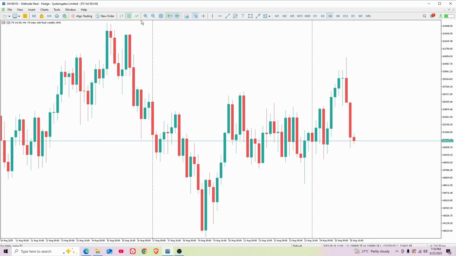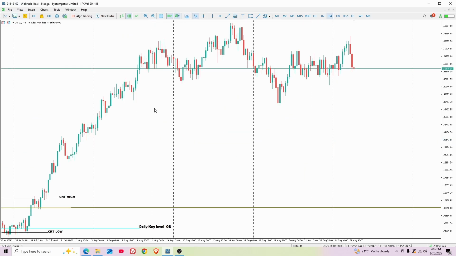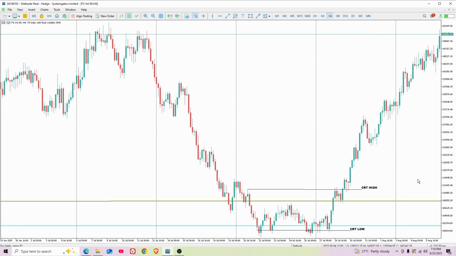Now, this is a top-down analysis of the market and how we would have traded this if we were looking at the market at that time. If you look from this side, we are in a downtrend, but the market then tapped into your higher time frame key levels and pulled back from that area.